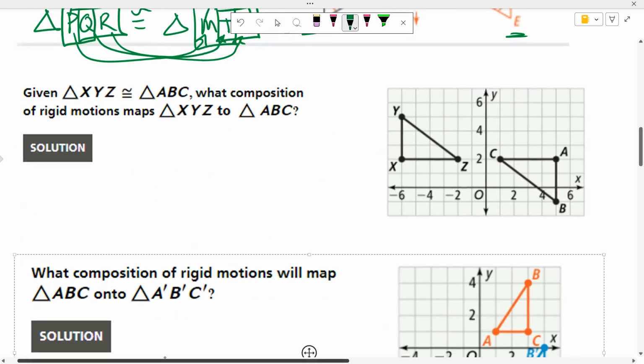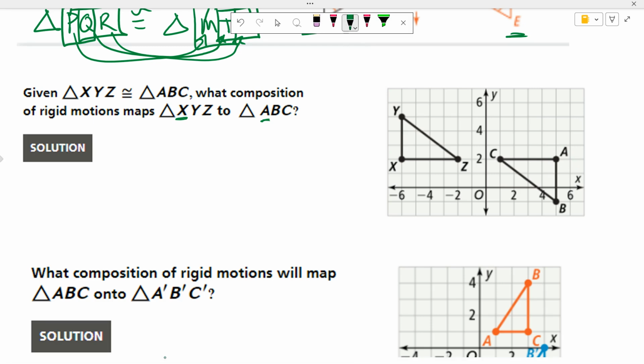So, if they say XYZ and ABC, X and A must be congruent to each other. Well, guess what? They're both what types of angles? Right angles. And then Y and B would be together, and Z and C would be together. So what rigid motions make this go to this?